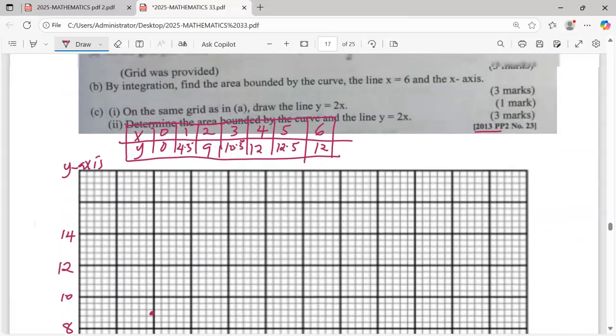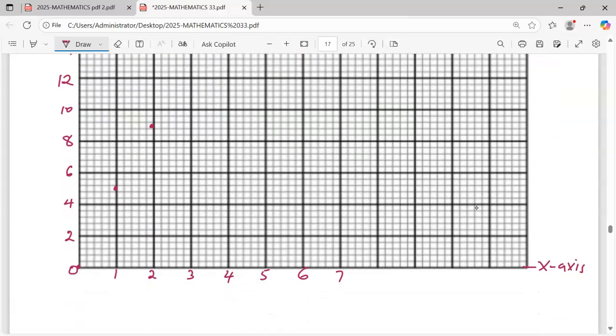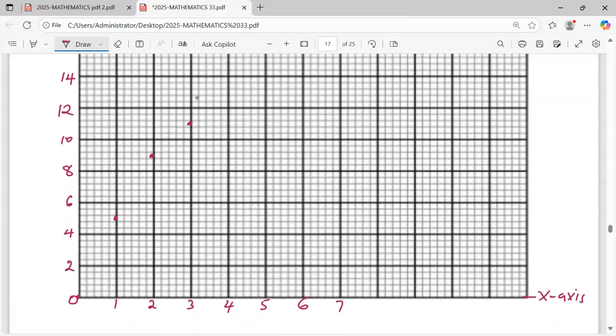When x is 3, y is 10.5. 10.5 will be roughly on 11, which will be at this point if you round off. When x is 4, we are going to have y as 12.